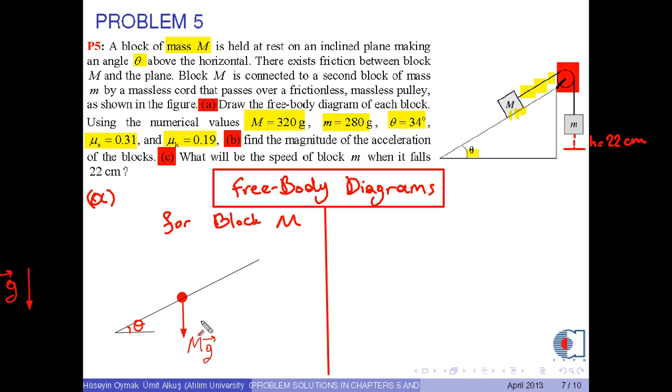Tension force T is drawn in the direction pointing the cord. It is parallel to the surface as observed. The normal force denoted by N is drawn perpendicular to the surface.